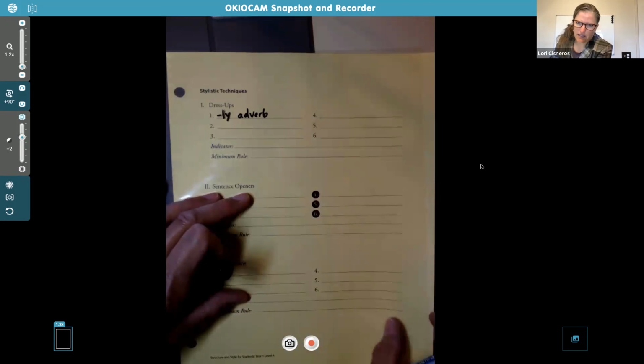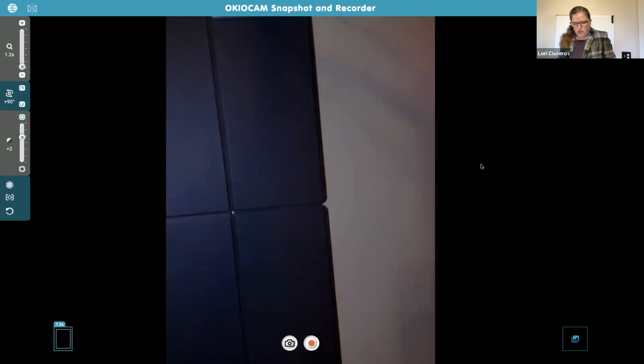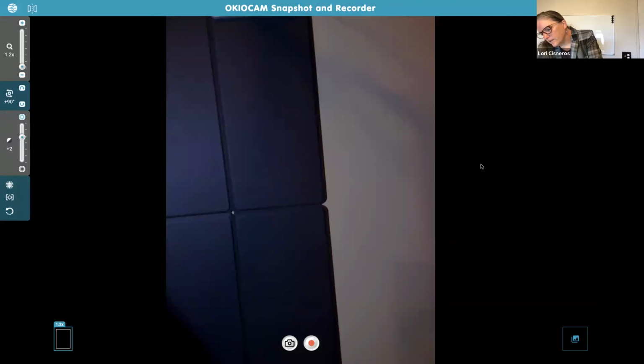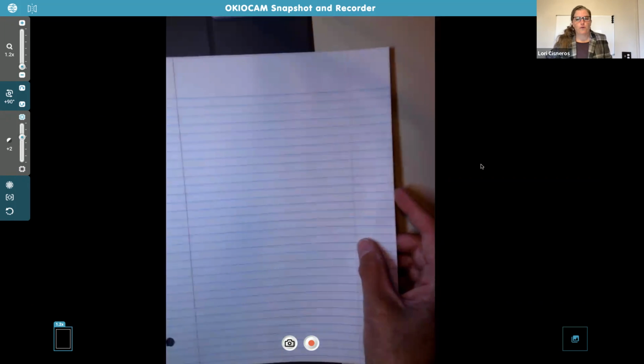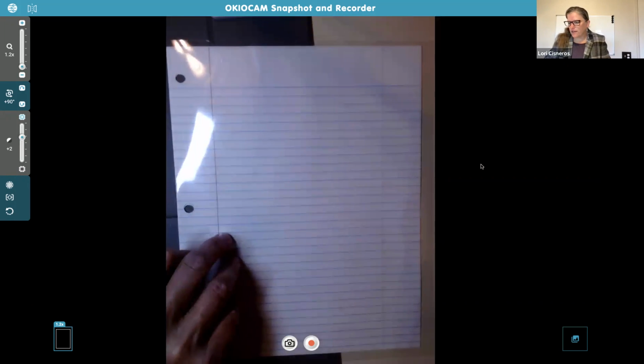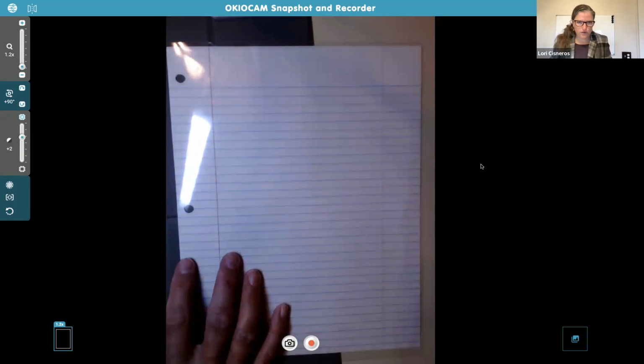So you can set that aside and now get out a clean piece of paper. Before we get started on our notes, let's talk about what an ly adverb is. Basically, it is a word that ends with ly, and it's describing, it is adding to a verb.